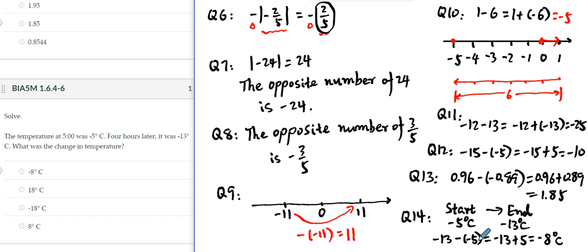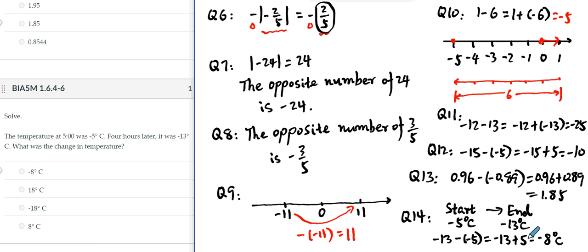Ending value, subtract starting value. When you want to find the difference or the change, always use the ending value, negative 13, subtract negative 5, because that's change. You want to find the difference. Ending value, subtract starting value.